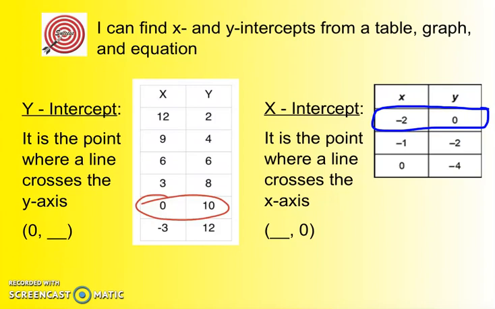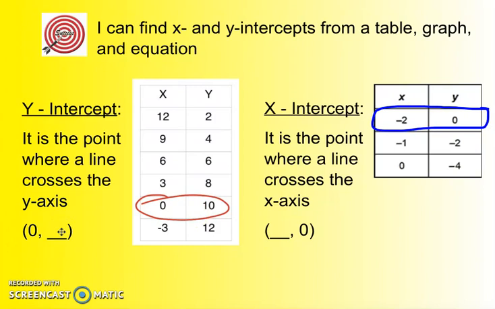And the way that we see the ordered pair for that is the x-coordinate is always 0, and then the y-coordinate is some other number, because it's telling us that it's crossing the y-axis at that number. And so our ordered pair is always 0 and then some other number. That's the y-intercept.